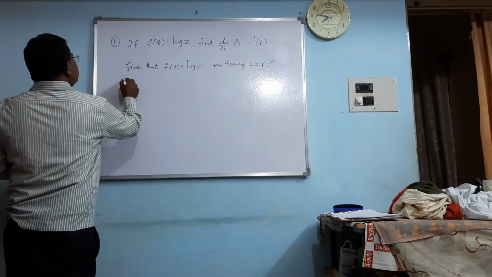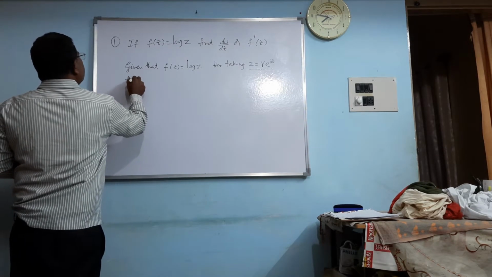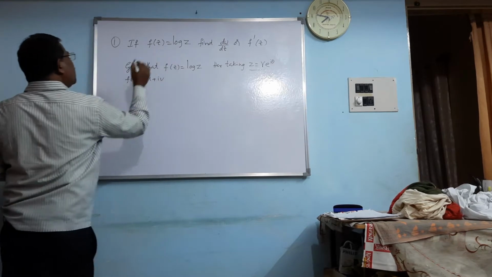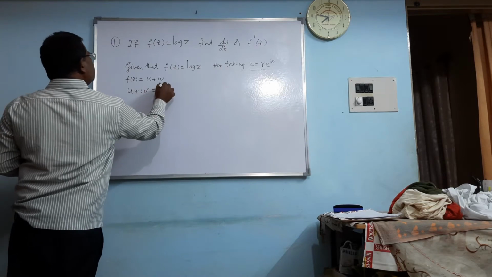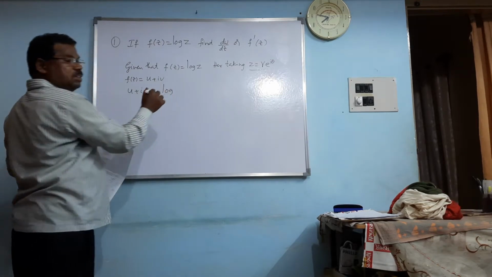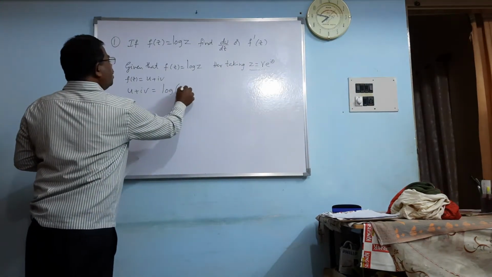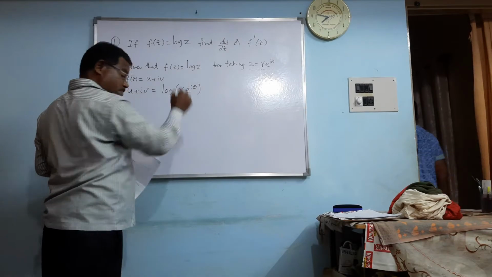f of z means f of z equals u plus iv. Similarly, u plus iv equals log of r into e to the power of i theta.